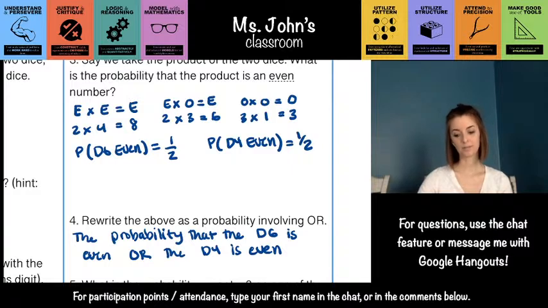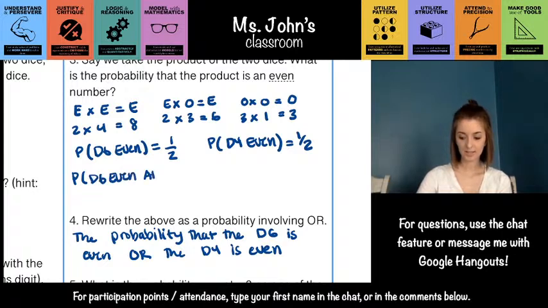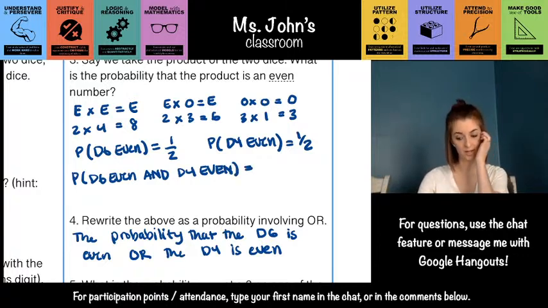And I just reduced them already. Now, last step, what's the probability of the D6 being even and the D4 being even? Which we know we figure out by multiplying the two probabilities together. So 1/2 times 1/2 gives you a quarter, 1/4.